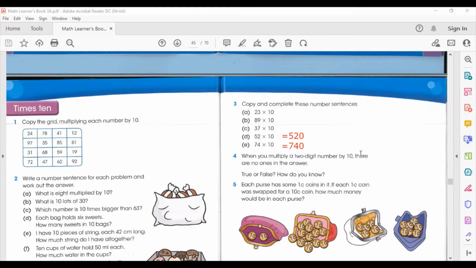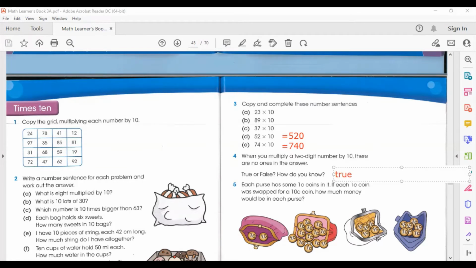Why? Because we bring the 0 with the other number. 52, at the ones place value, it's 2. It's a digit. But when we bring a 0 here, there are no ones here. It's changed into 0 when we multiply with 10. So it's obviously yes. We can write here yes or true, both correct.